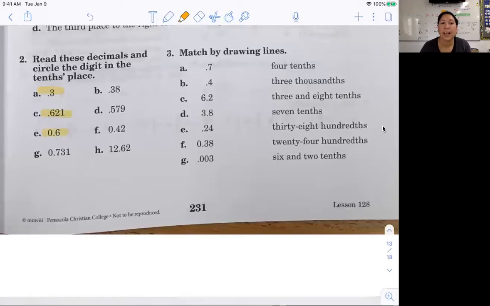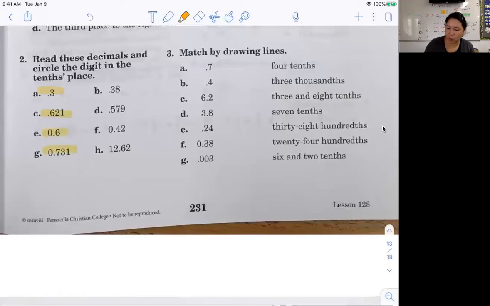You say it. Let's do G. 0 and 731 thousandths.